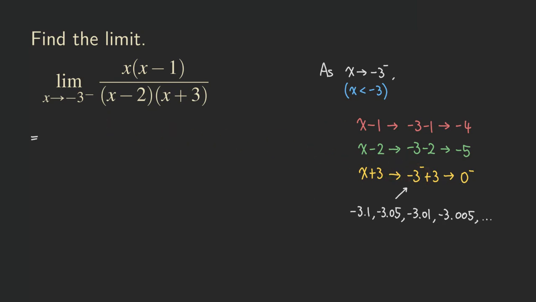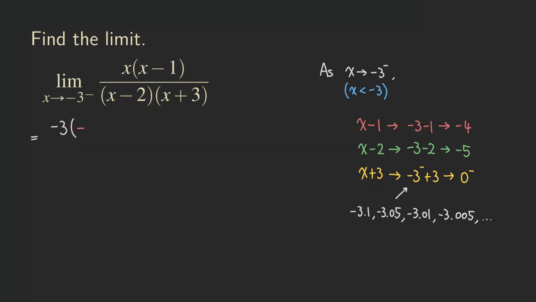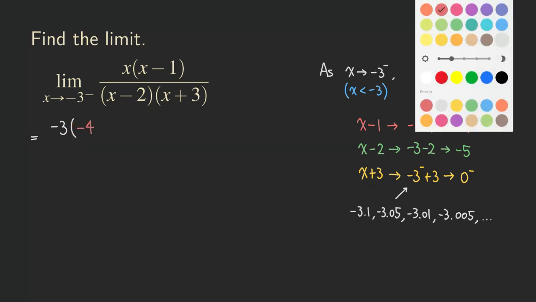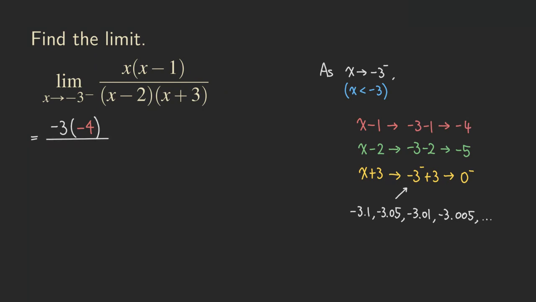Going back to the original problem, this is approaching -3, so we get -3 right here. The one with x minus 1 is approaching -4. Now let's go down to the denominator. We have x minus 2, which is approaching -5.